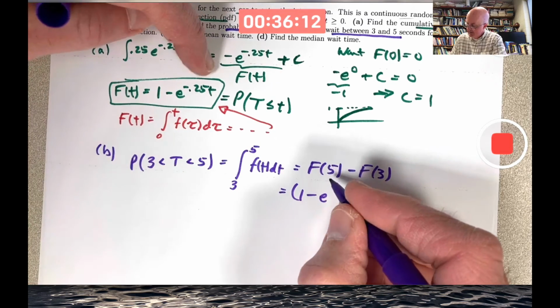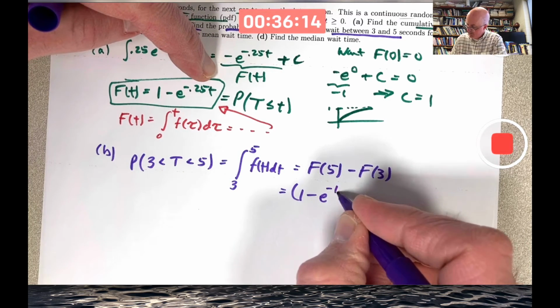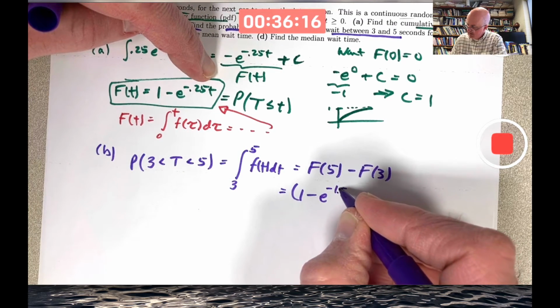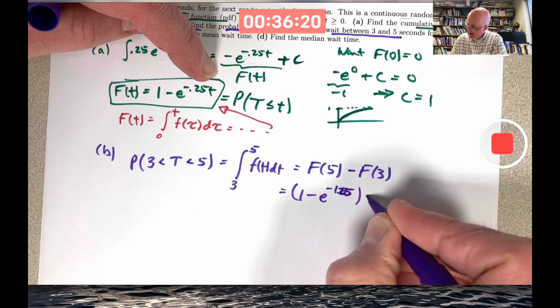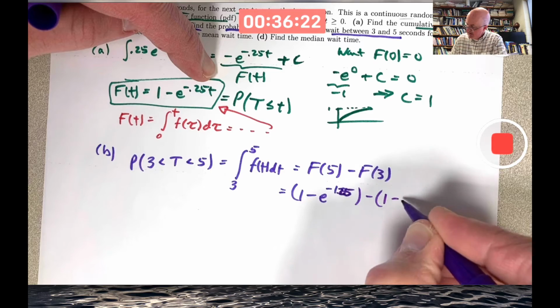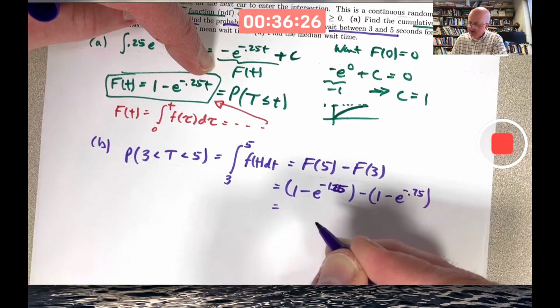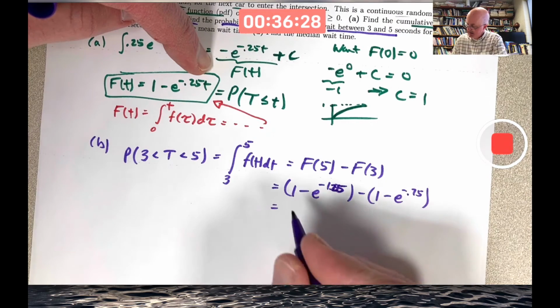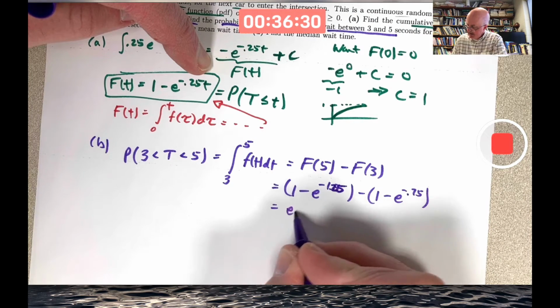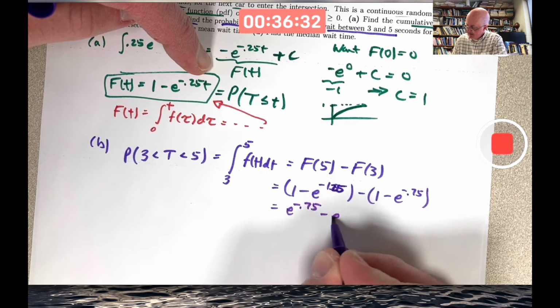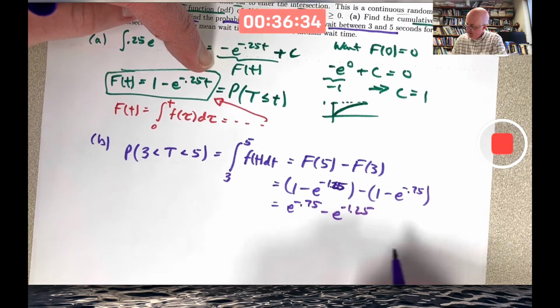Plug in t equals 5 there, you get negative 1.25, excuse me, 1.25. And plug in t equals 3, and you'll get e to the negative 0.75. Ultimately here, the 1's cancel, the c cancels. So you really ultimately get e to the negative 0.75 minus e to the negative 1.25 for this probability.